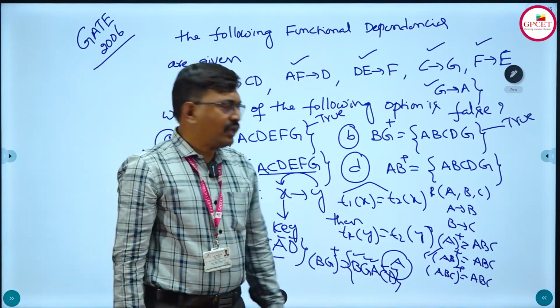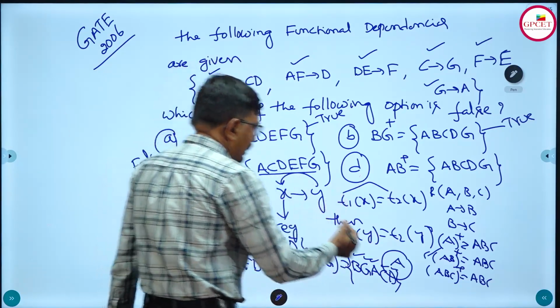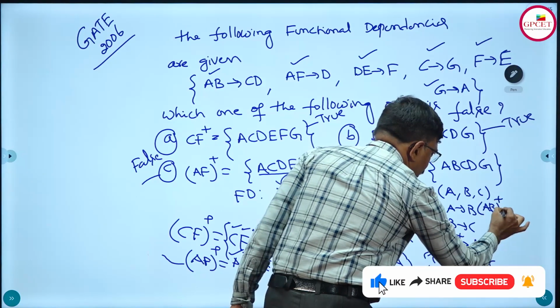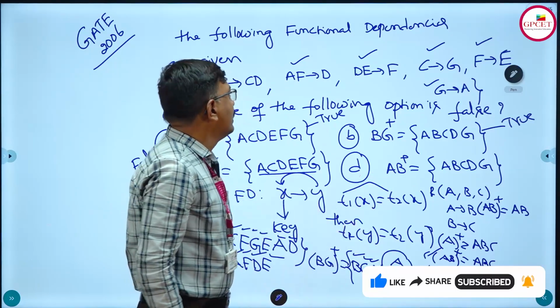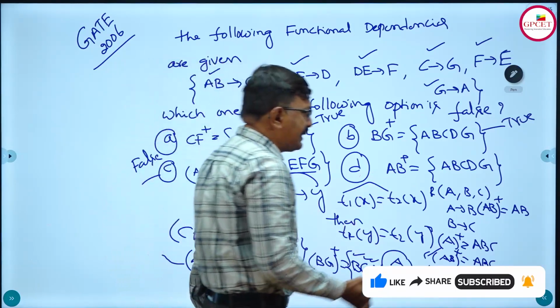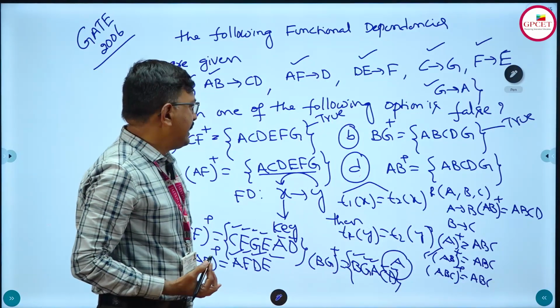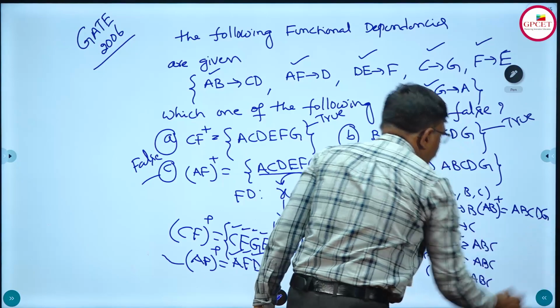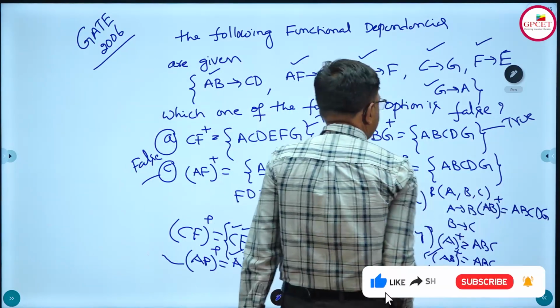Observe here, what was the fourth option? AB closure. What is the AB closure? First, AB. Observe here, AB derives CD. And next, C derives G. And then G derives A, A is already there.